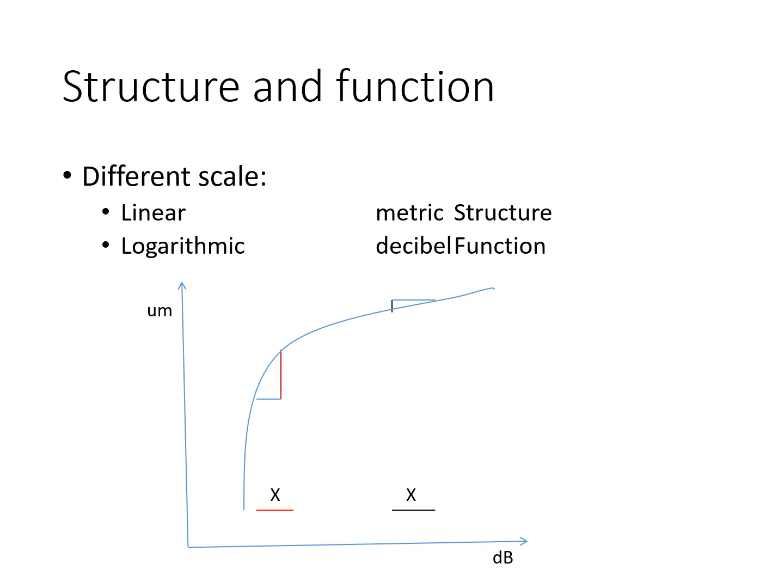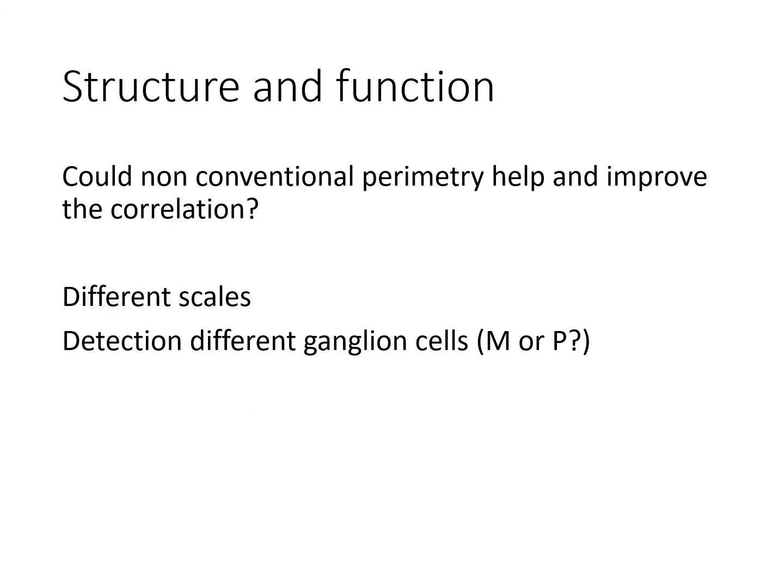So in this graph you can see that for the same change on the x-axis you can have a different change on the y-axis. You can see this from the different colors, red and blue, on the y-axis.